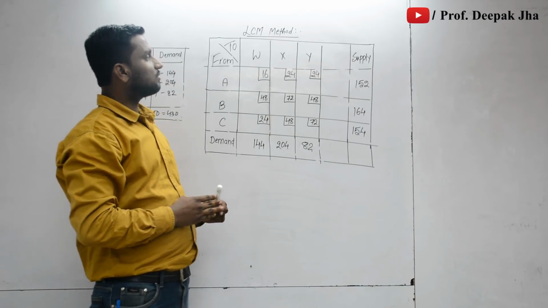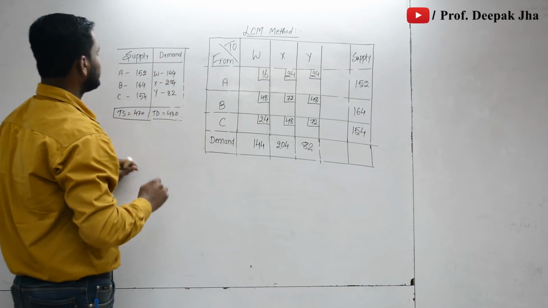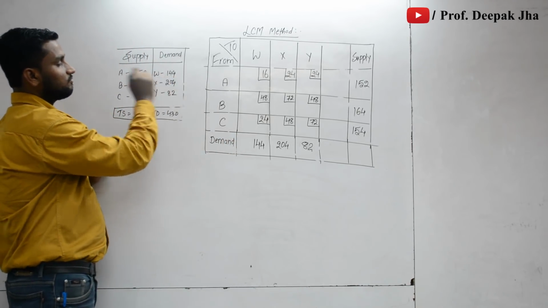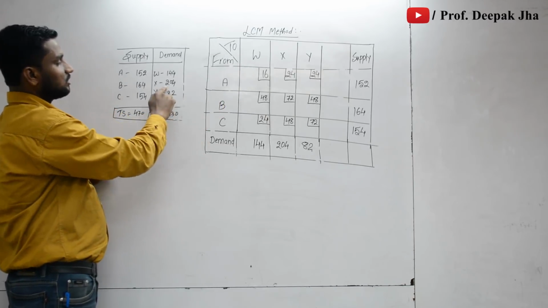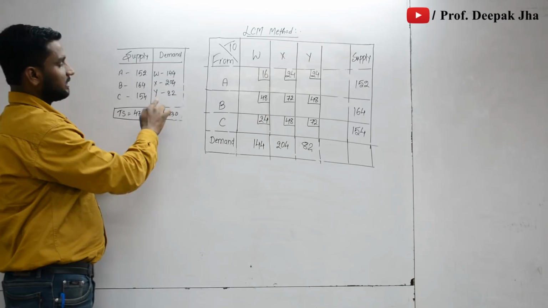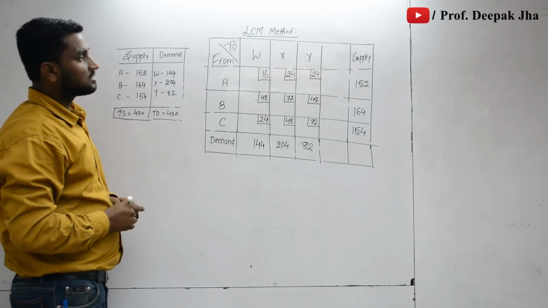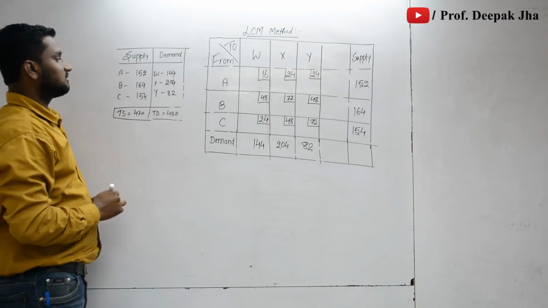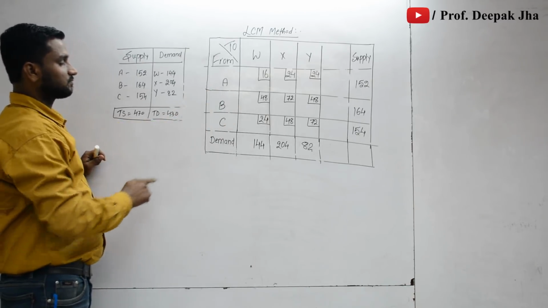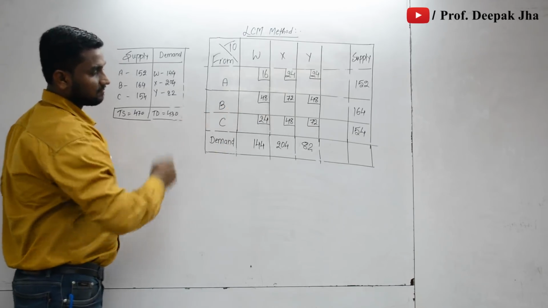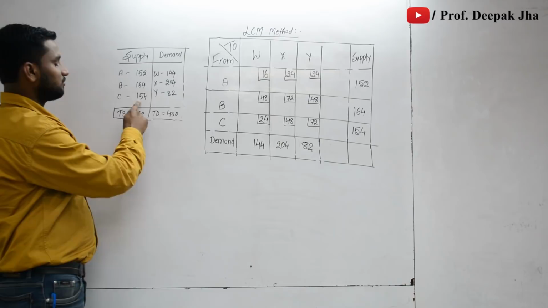In this particular sum, the demand is 144 from W, 204 from X and 82 from Y, which gives a total demand of 430. Similarly, the supply from factory A is 152, from factory B it is 164, and from C it is 154.